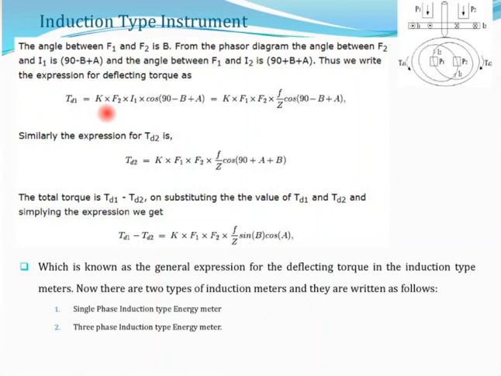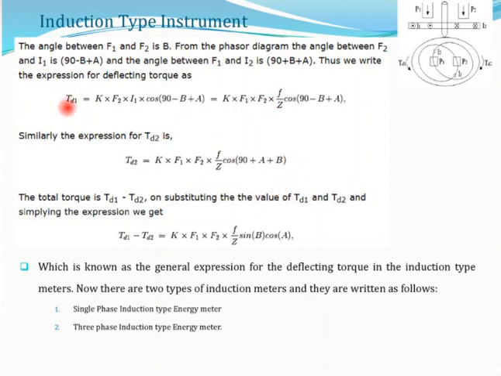That is, TD1 equals K into F1 into F2 into f divided by Z cos(90 minus B plus A). Similarly, TD2 equals K into F1 into F2 into f divided by Z cos(90 plus A plus B).